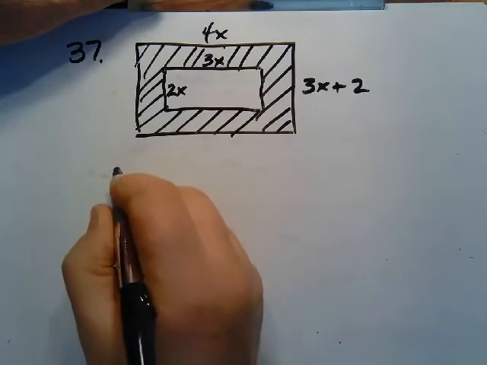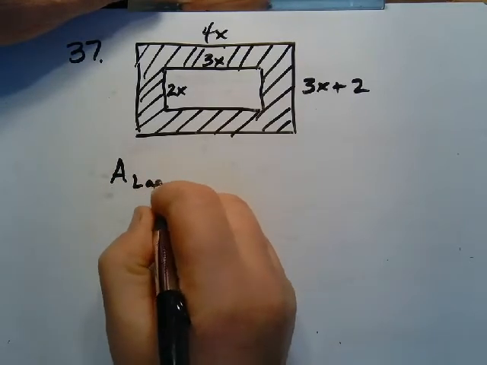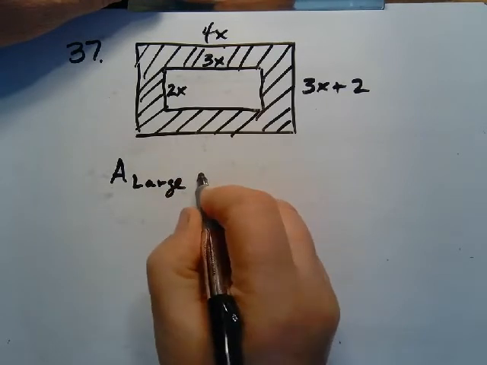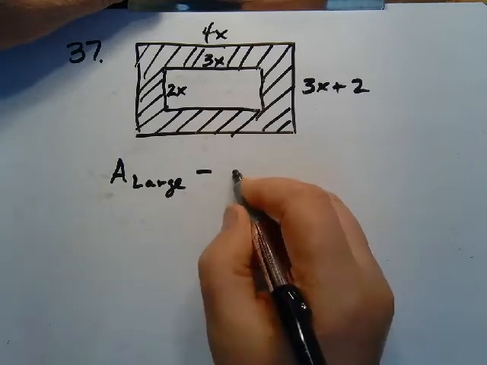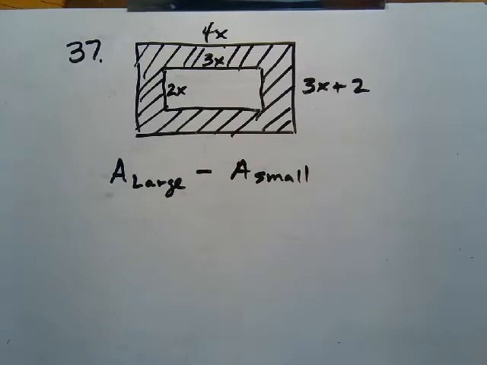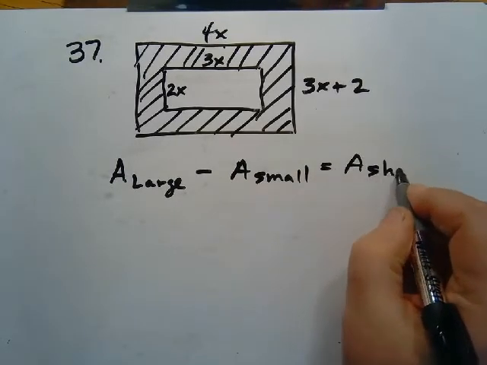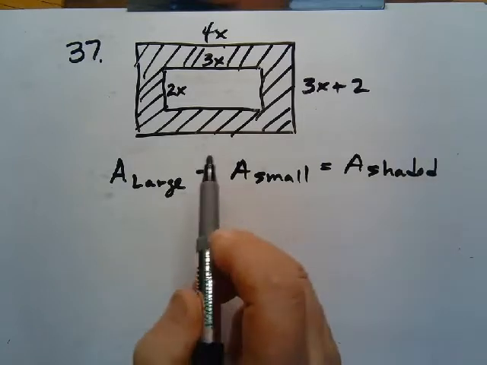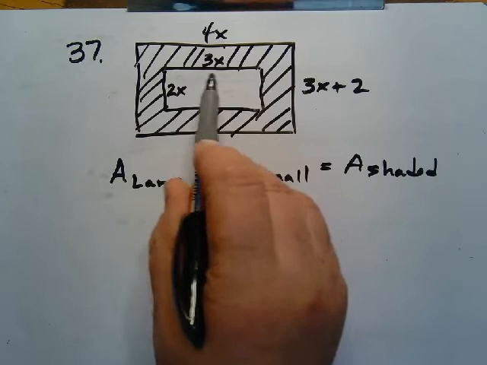Well, isn't it true that I'm going to have to take the area of the large rectangle and subtract from that the area of the small rectangle? And that'll give me the area of the shaded part. The area of the large rectangle minus the area of the smaller one.